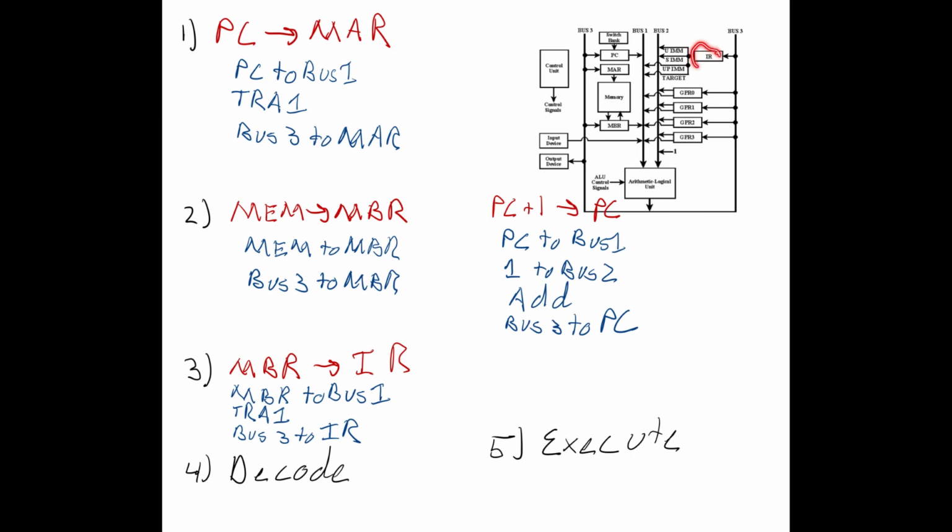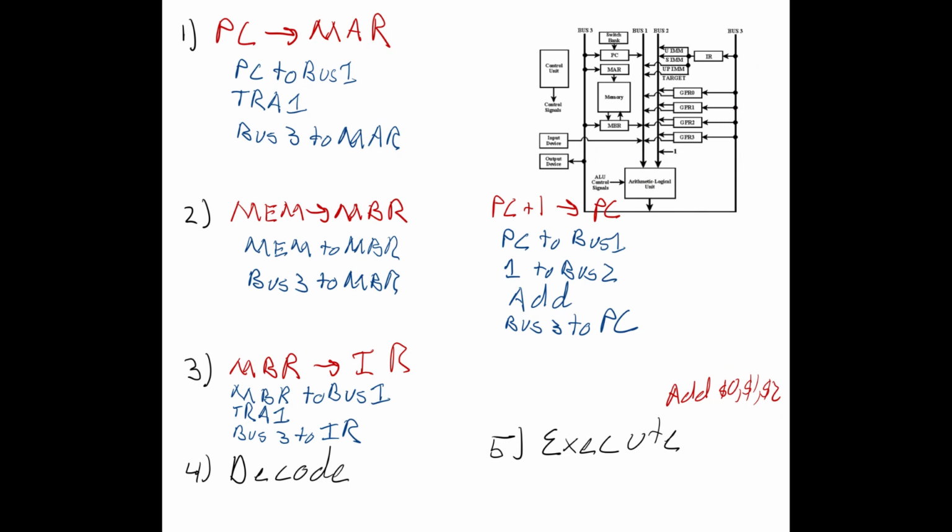Now that the instruction is in the IR register, we can decode it by looking at the opcode, and if there is, also look at the function code. Now, after we've decoded, the next step is to execute it. Now let's say that instruction happens to be an add instruction that adds register 1 and register 2 together and stores the result in register 0.